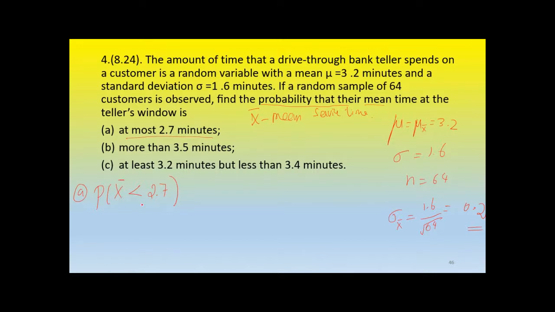X bar falls lesser than 2.7. What is this? So immediately we need z value. What is z? Z is x bar minus mu x bar over sigma x bar, isn't it? X bar is what, the sample mean?